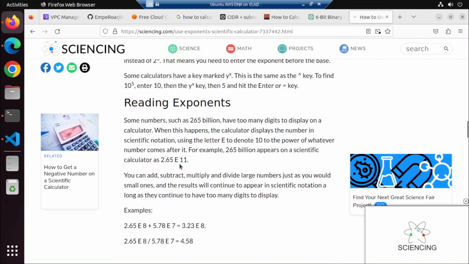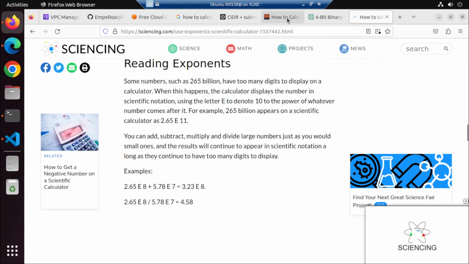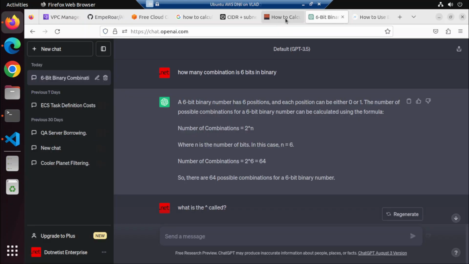So E, right? Okay, calculator. Right, I'm using a scientific calculator on my iPad now.